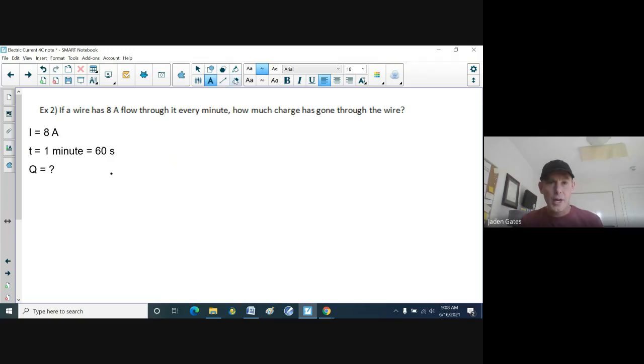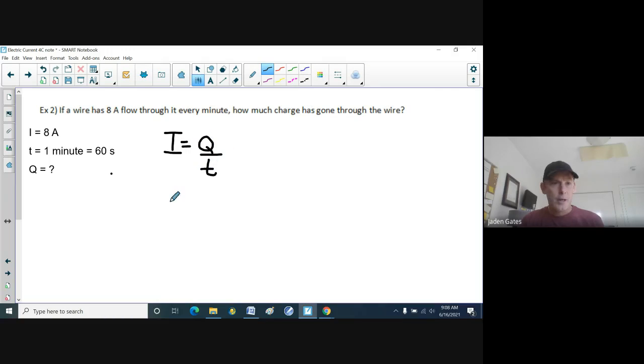Again, I'm going to use my formula: I is equal to Q divided by T. We know I this time, how much current is flowing through that wire. Q is what we're trying to find out here. And T is in our standard units of seconds, so it's 60.